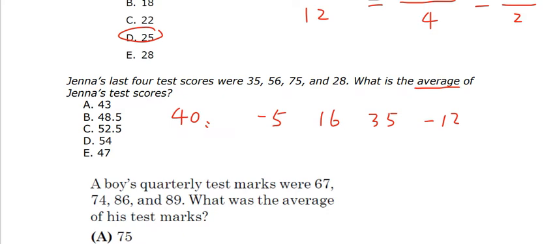And negative 12. So this negative 12, negative 5, and this become negative 1, right? Yeah, negative 1. So just like 34. So you see, 34 divided by 4 is just like 8 point something, right? 8.5. So we know the average should be 48.5.